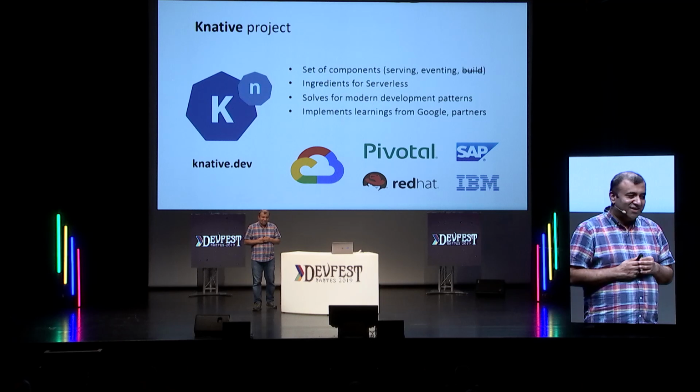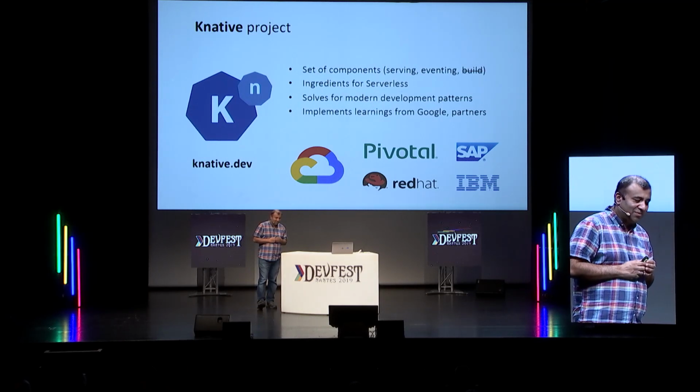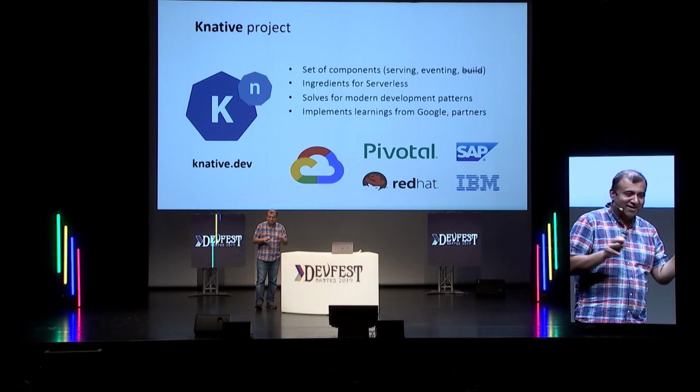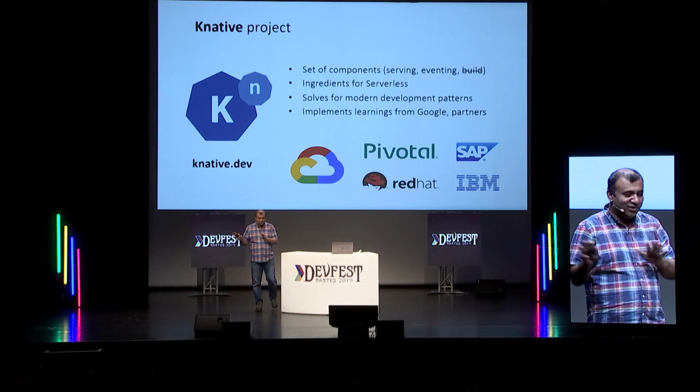We have a weekly sync between all of them, and there were plans to give it to the Cloud Native Foundation. But that didn't happen. Apparently a lot of people got upset with it, and there was a back and forth debate. But again, that's the politics of the issue, which I won't get into. But it's fully open source, and that's good because with open source you can use it on multiple platforms.